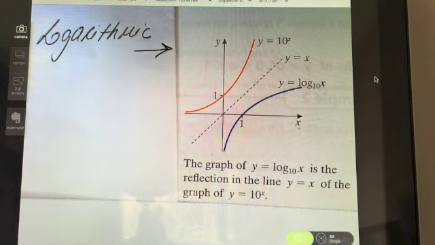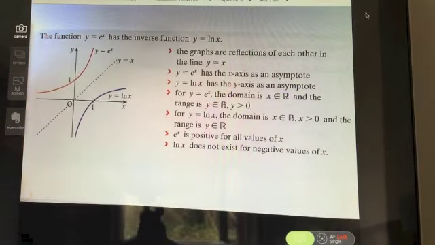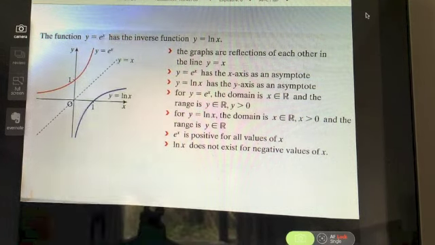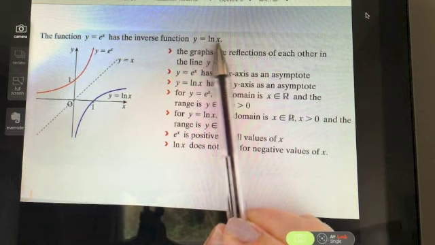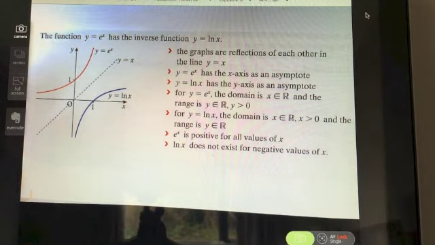So that is the relationship between those two. And so the exponential function y equals e to the power of x has the inverse function y equals ln x, in other words log in the base e. And so again, to point out, the graphs are reflections of each other in the line y equals x.